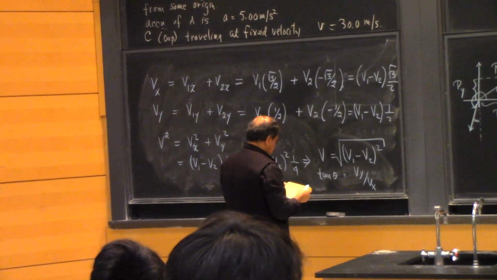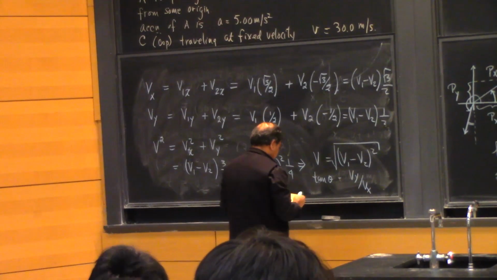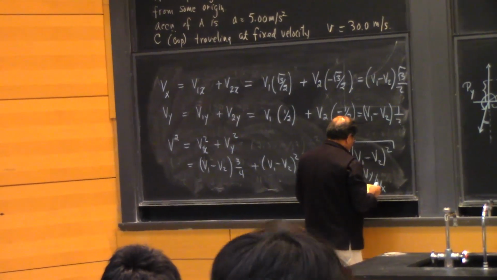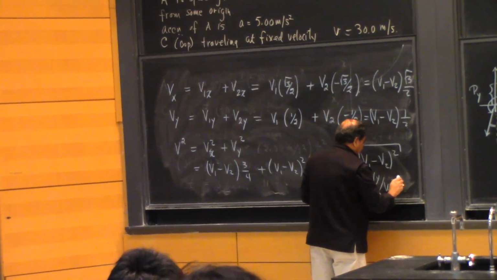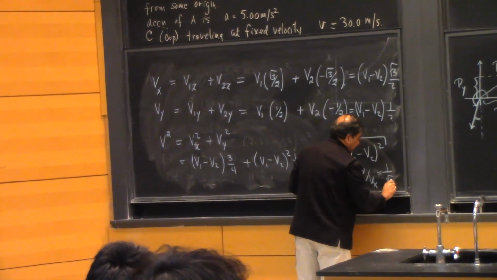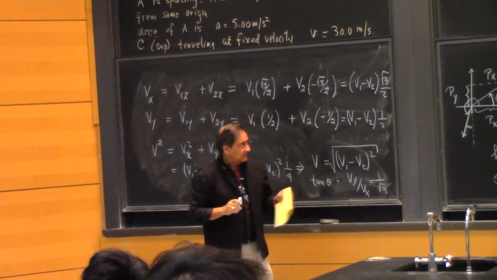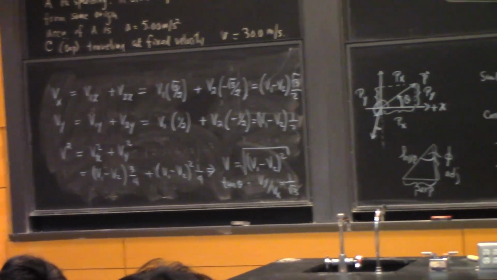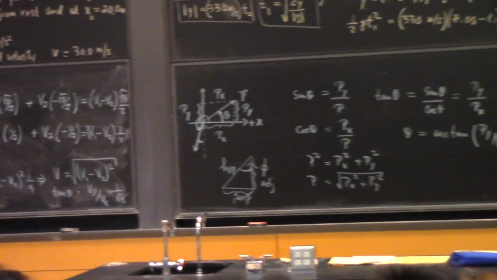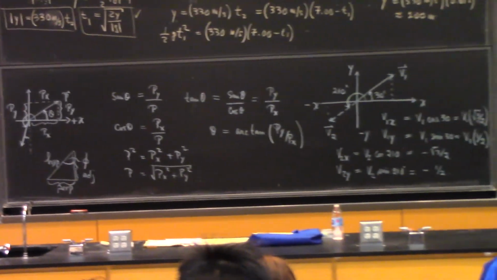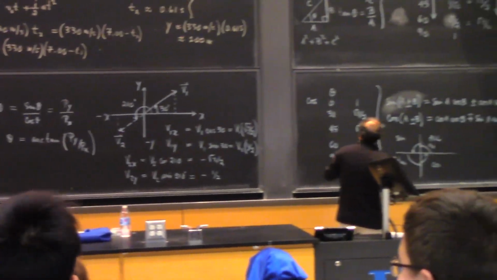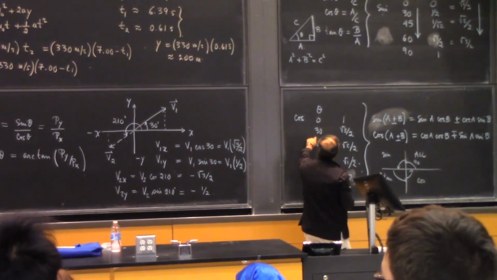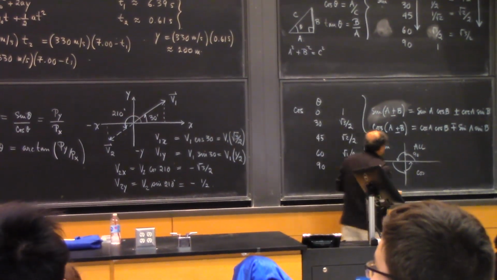And if you work out this calculation, you'll get an answer of 1 upon root 3. So 1 upon root 3 for tan is going to be for 30 degrees. Because you see, sine 30 is half, and cos 30 is root 3 over 2. So tan 30 is going to be 1 upon root 3.